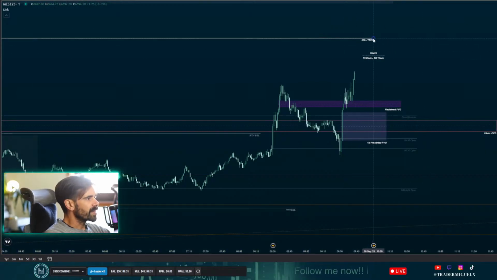The previous day high is already marked here on a chart. This was a nice displacement, a nice breakaway gap that formed our first presented fair value gap. So nice push here to the upside.